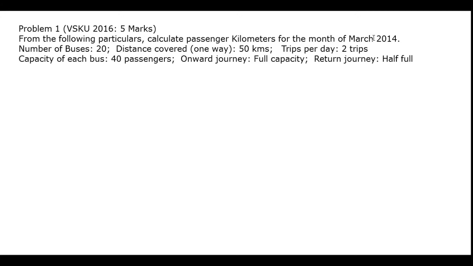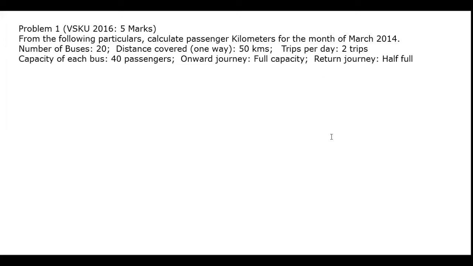Information given: number of buses 20, distance covered one way is 50 kilometers, trips per day 2 trips, capacity of each bus is 40 passengers, onward journey it is full capacity, that is 100%, and return journey it was half full, that is 50%. So we have to calculate passenger kilometers.